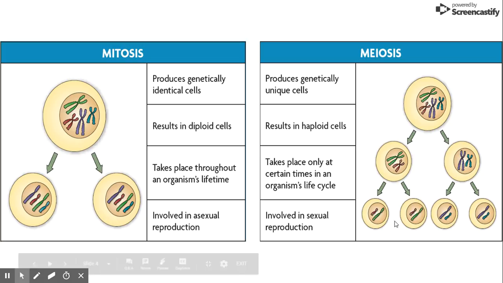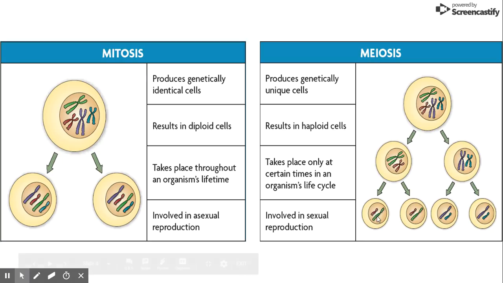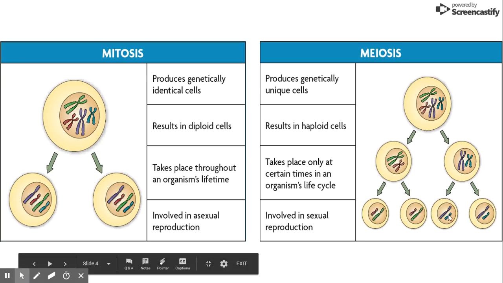Meiosis, on the other hand, produces genetically unique cells. And you can see that with the versions of the big and little chromosomes that we ended up with. Instead of ending up with both green and purple, our cells only got one version. We either got the green or the purple, which also indicates that we're haploid here.